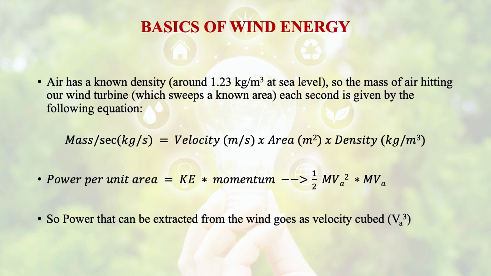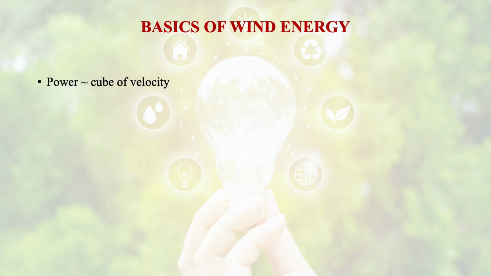So from here we can see that the power extracted from the wind goes as the cube of the velocity, and this power is directly proportional to the density of air as well. This power is directly proportional to the rotor swept area as well.